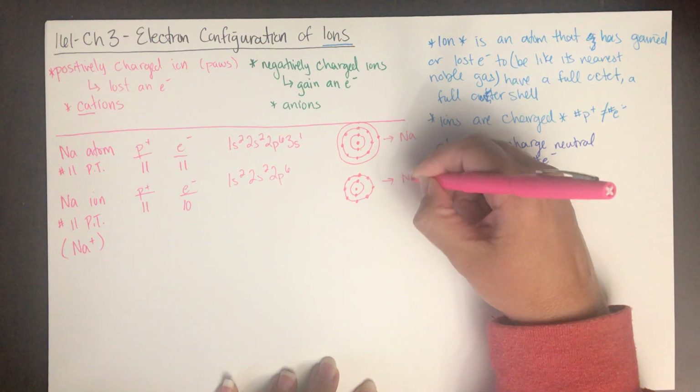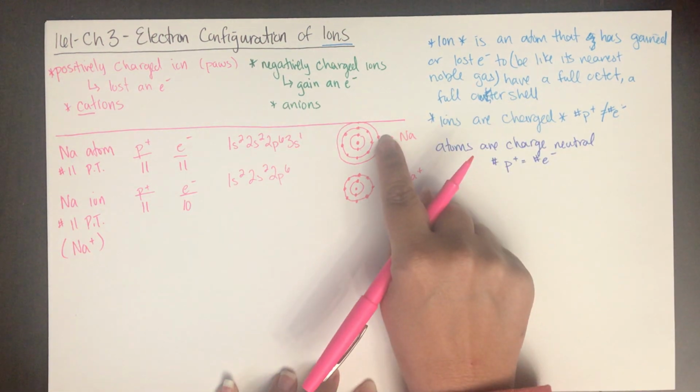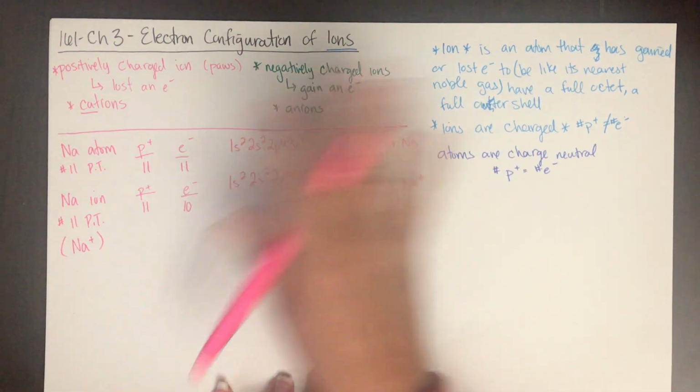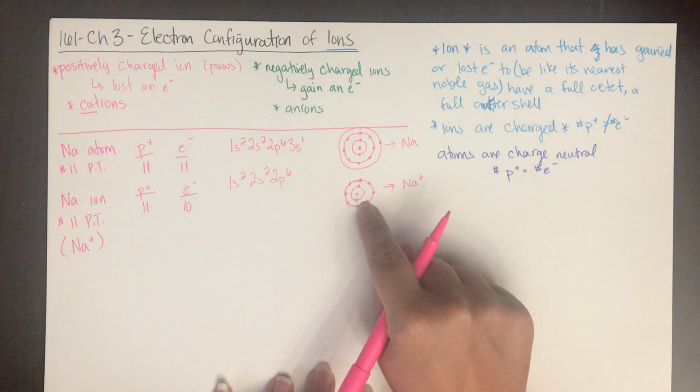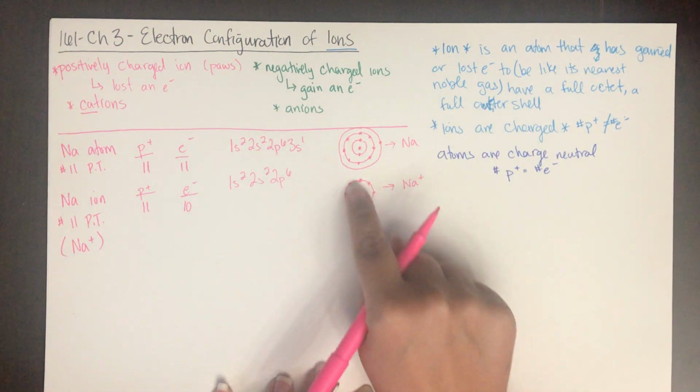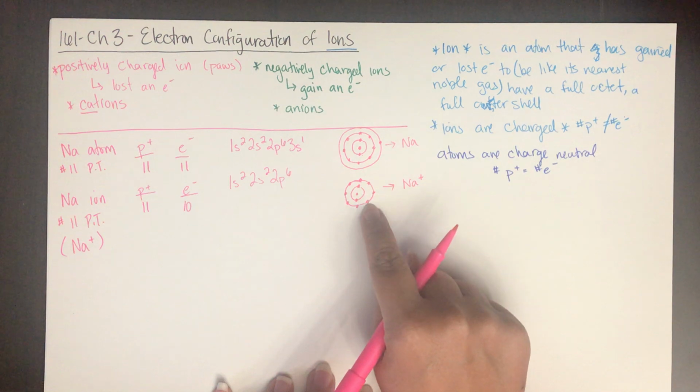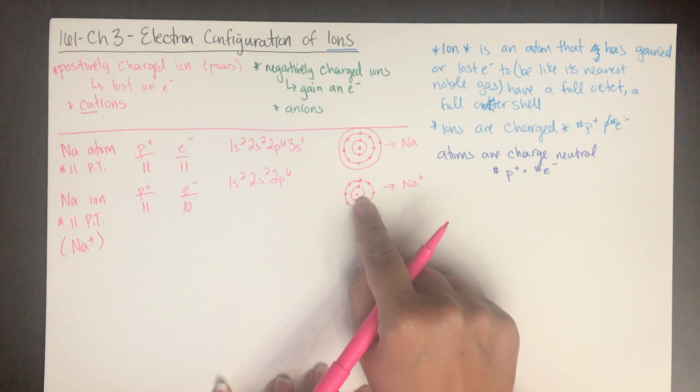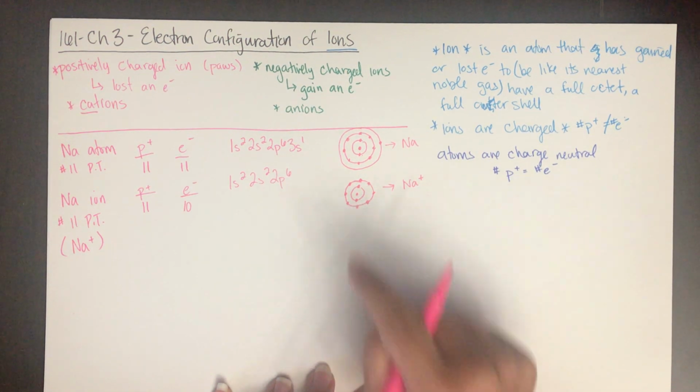This is the sodium ion. It's lost 1 electron. When it lost that electron, it lost the whole outer shell. Now it has a lower energy level, but it is more stable because the most stable electron configuration is to have a full outer shell.